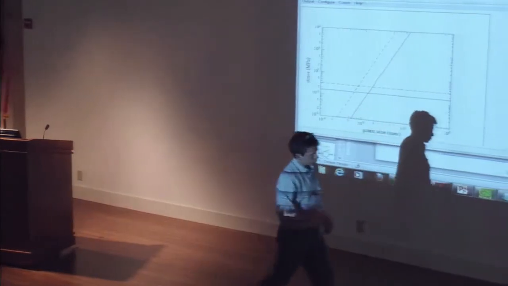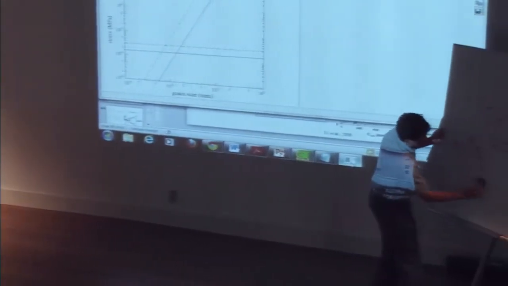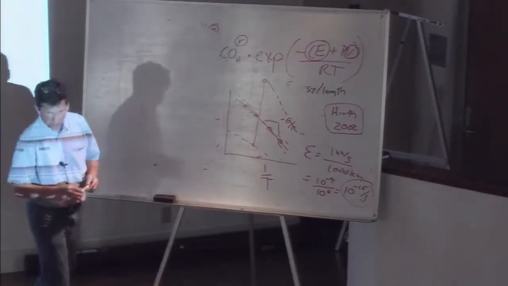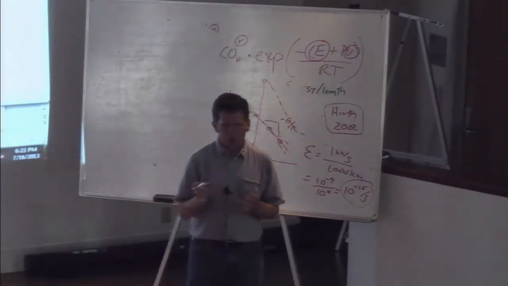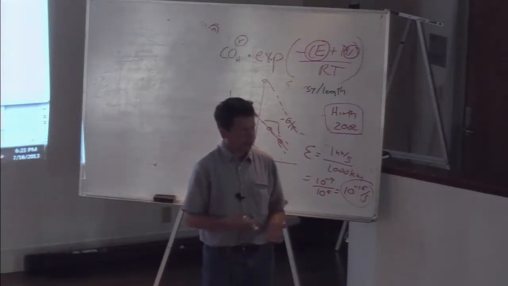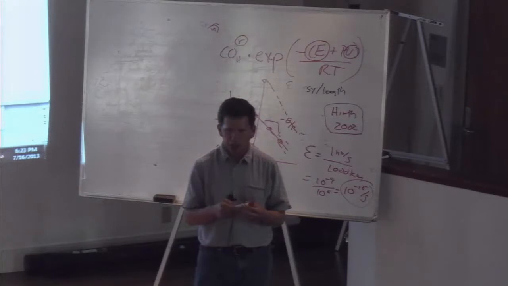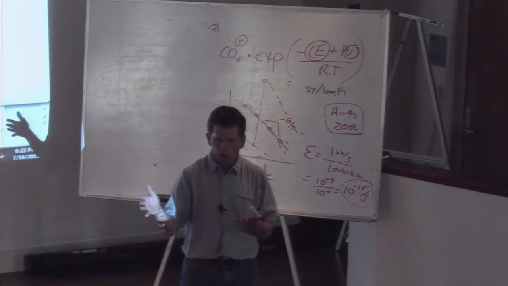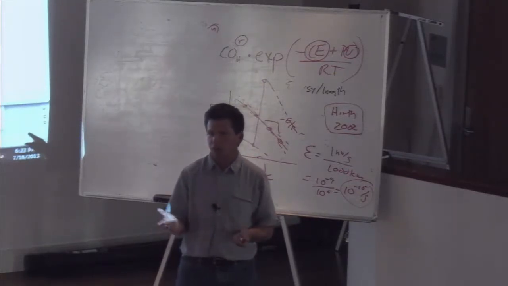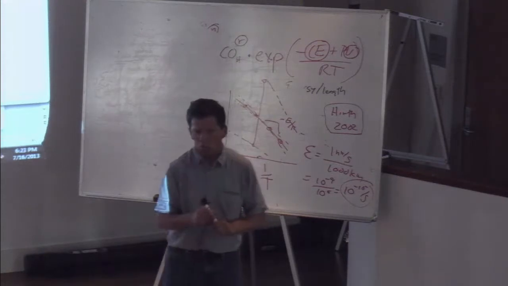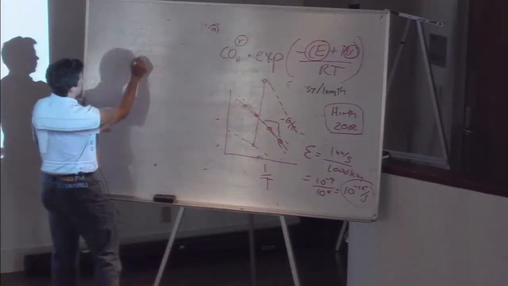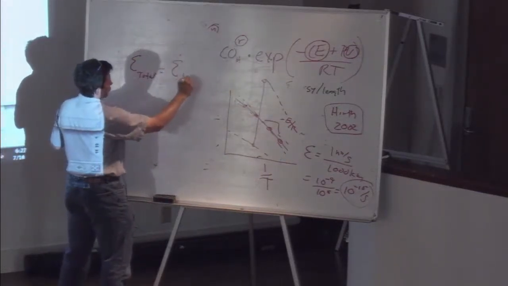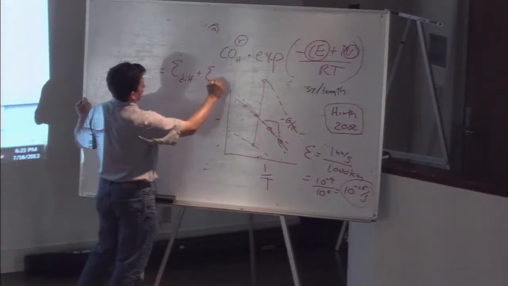To do that, we need to remember that the strain rates of these two mechanisms are independent of each other, right? What does that mean? That means that they're running at the same time. The dislocations are moving through the crystal, and the diffusion creep process is happening at the same time. So the total strain rate is equal to the strain rate of diffusion creep plus the strain rate of dislocation creep.